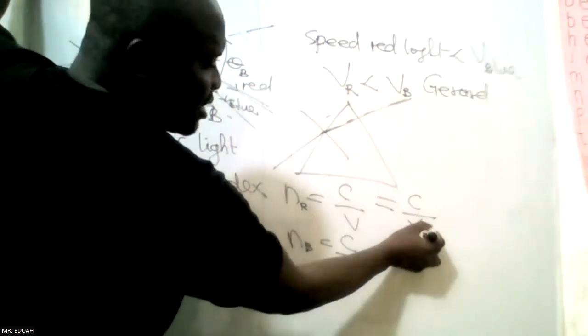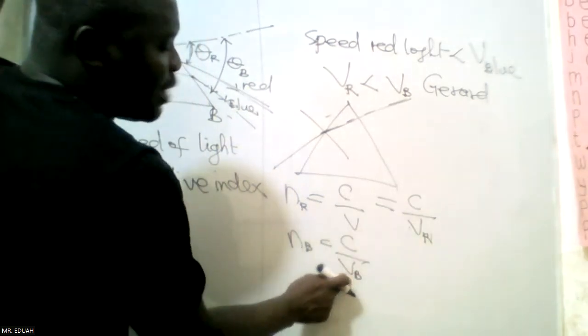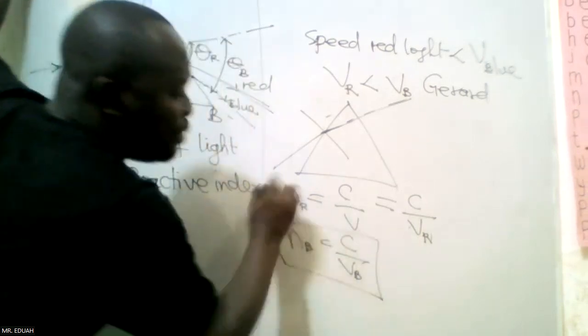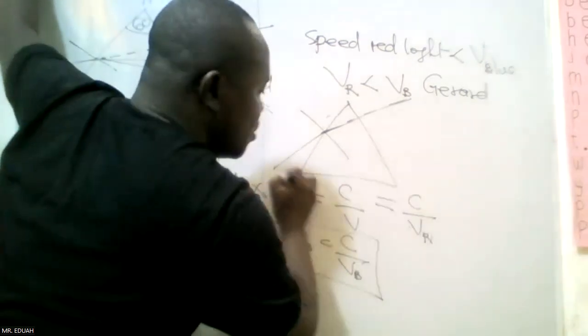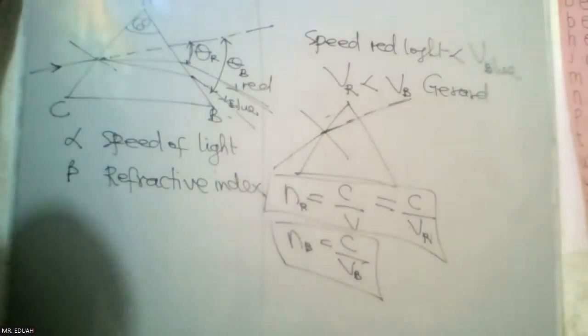Speed of red light in the medium is large. Speed of blue light in the medium is less. So which one will be greater here? Will it be the refractive index of red or blue? Which one will be greater?